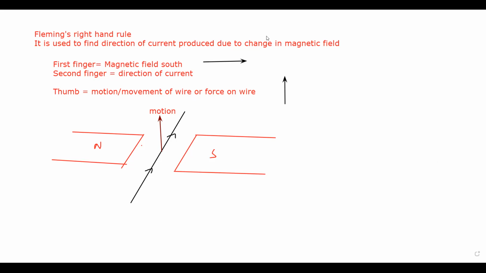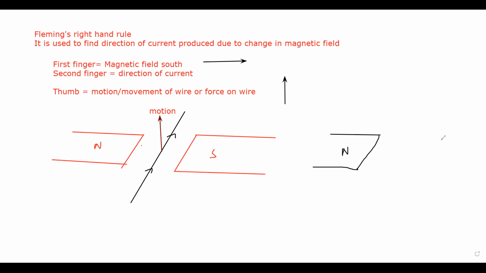Same way, your first finger should point in the direction of the magnetic field. The second finger shows the current and the thumb is representing the motion of the wire, the direction in which you are moving the wire.